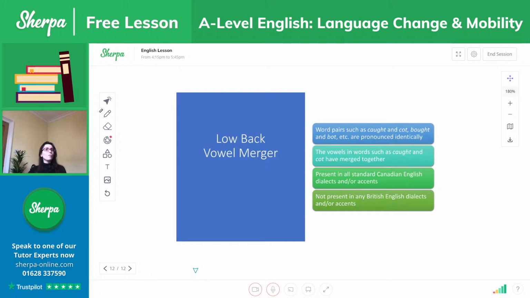And this merger is present in all standard Canadian English dialects and accents, but it's not present in any British dialects or accents. So every known dialect and accent of Canadian English, the speakers have this merger, but no speakers of any British English dialect or accent have this merger, so they would pronounce these vowels separately.